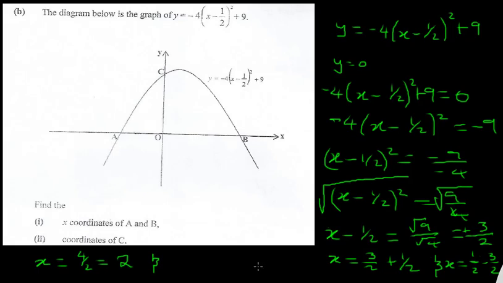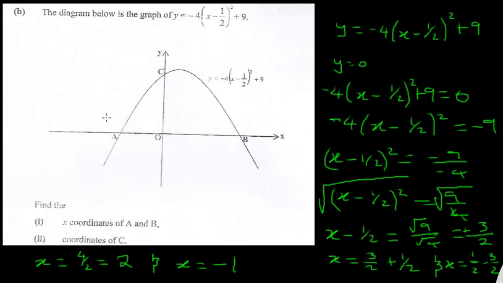And we would have 1 minus 3 gives us minus 2, and minus 2 over 2 would simply be equal to x equals minus 1.